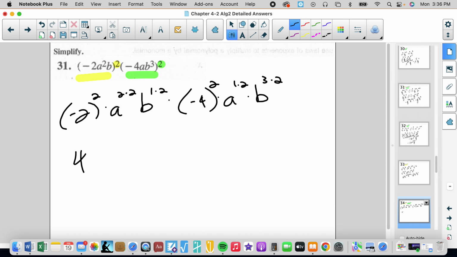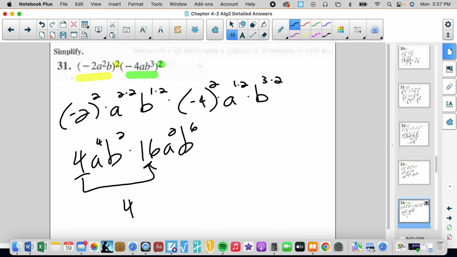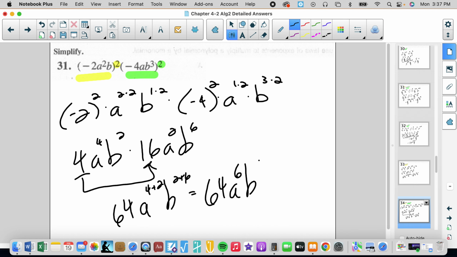Negative 2 squared is 4, a to the 4th, b to the 2nd. Negative 4 squared is positive 16, a to the 2nd, b to the 6th. 4 times 16, 64, a to the 4 plus 2, b to the 2 plus 6. 64, a to the 6th, b to the 8th.